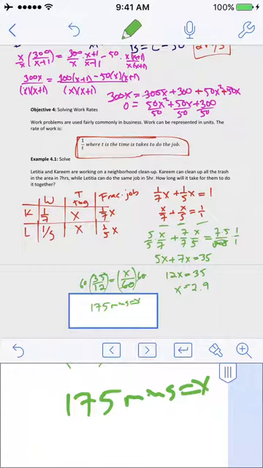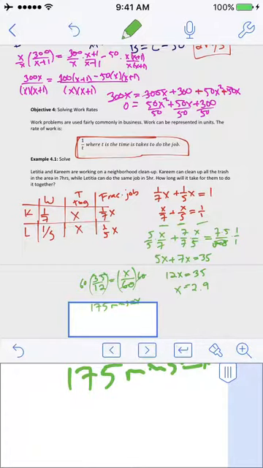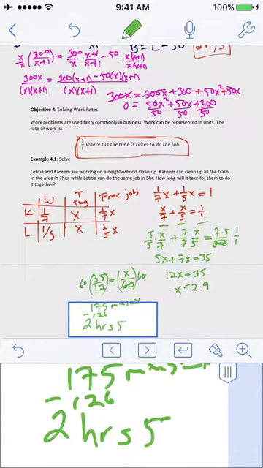Let's see. Take away 120. That would give you 2 hours. Take away the 120 minutes. Sorry. 55. So 2 hours and 55 minutes.